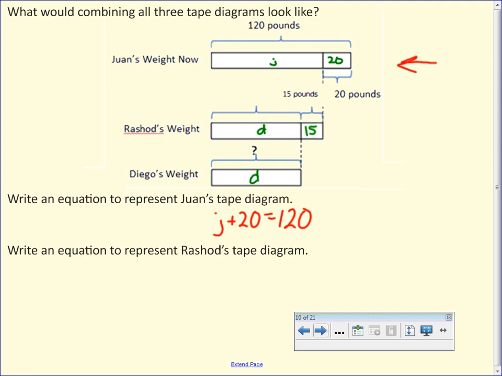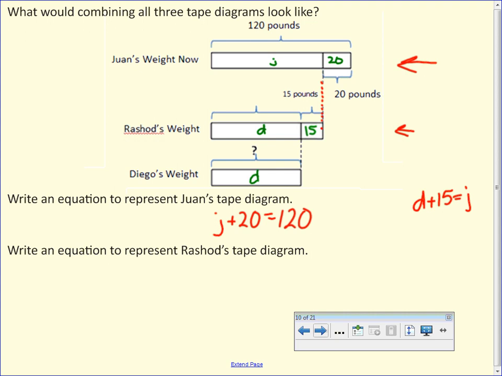Now let's write an equation to represent Rashad's tape diagram. Well, let's take a look here. Here's Rashad. Well, I have D plus 15, but I don't know what D plus 15 equals. I can't do D plus 15 equals J. Can I solve that?